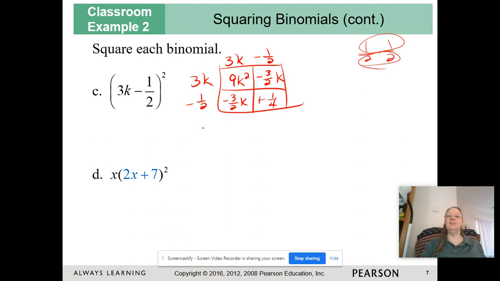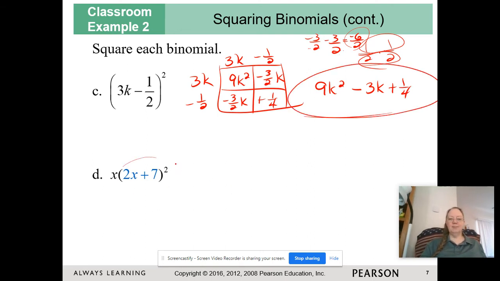All right, now we have to add these together. So 9k squared, if I have negative 3 halves minus 3 halves, I have a common denominator already. So this would give me negative 6 halves, which will give me negative 3k, plus 1/4.